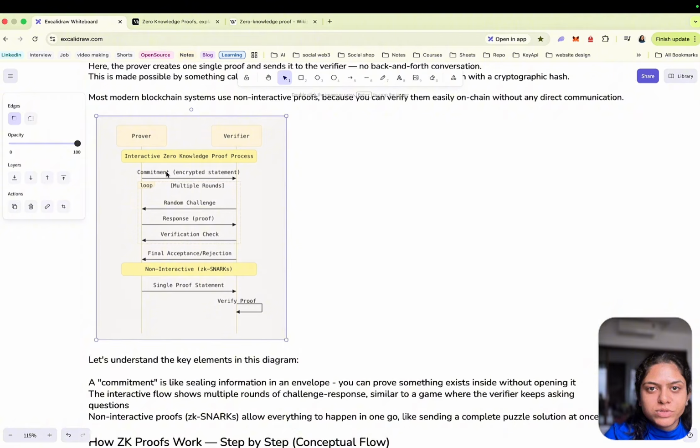So the prover proves they know what is in the envelope.